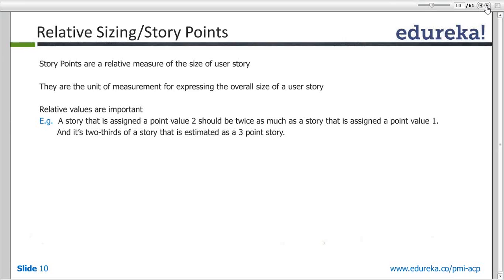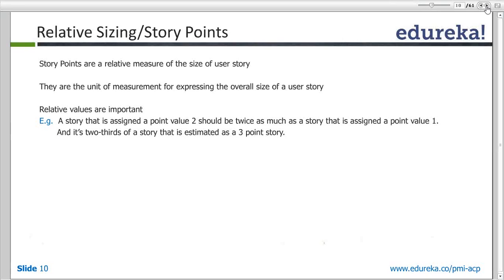It could be the name of any animal, or maybe names of some famous buildings around the place you are in. It can be anything, but it should be something which actually justifies the size.